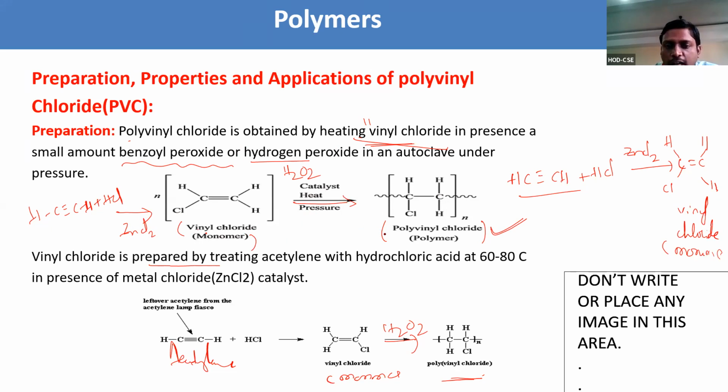The vinyl chloride we got from acetylene reacts with hydrochloric acid at 60 to 80 degrees in the presence of zinc chloride as a catalyst. Heating the vinyl chloride with benzyl peroxide or hydrogen peroxide in an autoclave under pressure produces polyvinyl chloride.